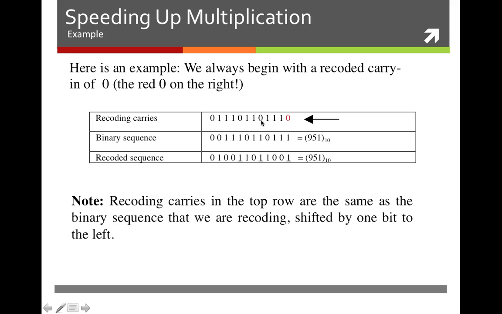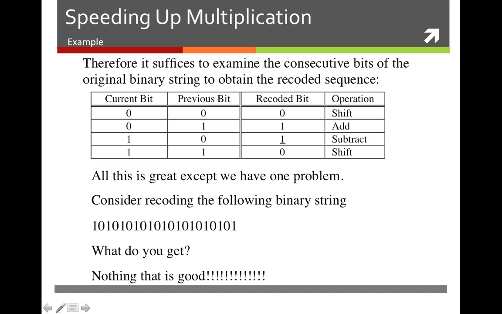A 0 is copied here, 1, 1, 0, and then triple ones, and then 0. So that shifting tells you that you could actually take the binary sequence itself and then shift it by 1 bit to the left, and that's how you compute the recorded sequence. That makes it somewhat more straightforward.